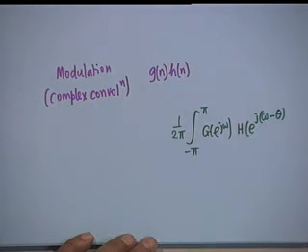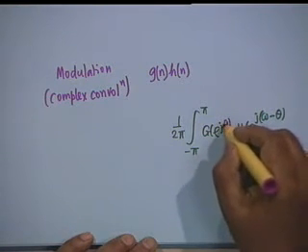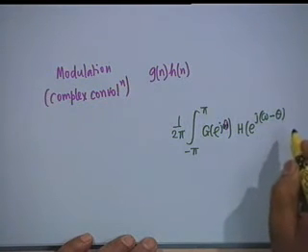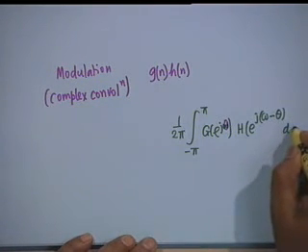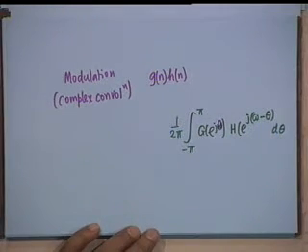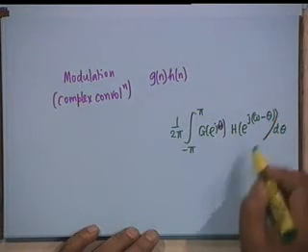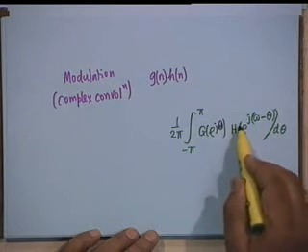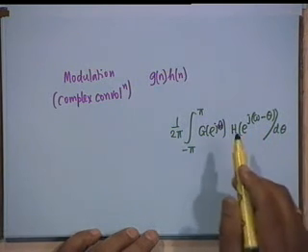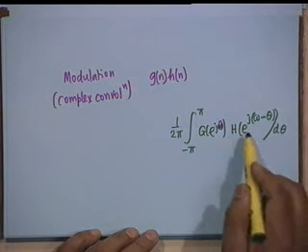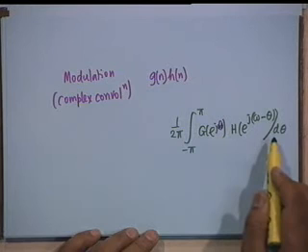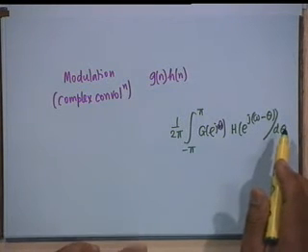We introduce a dummy variable, this is to be theta, okay, and then we integrate with respect to theta, not omega. Okay, I should put another bracket here. So, this is a folded version, delayed and folded version, multiplication and then an integration. So, this is called complex convolution, convolution of two complex quantities.